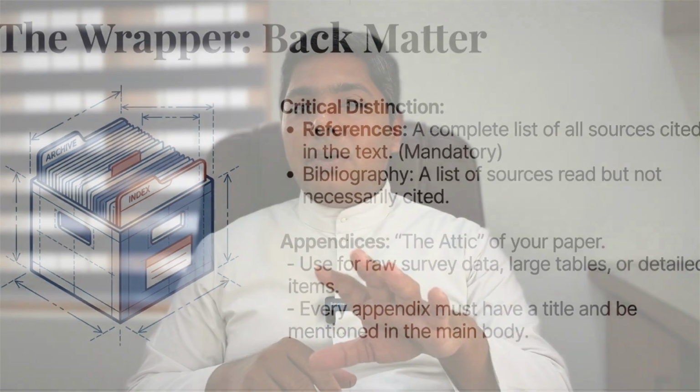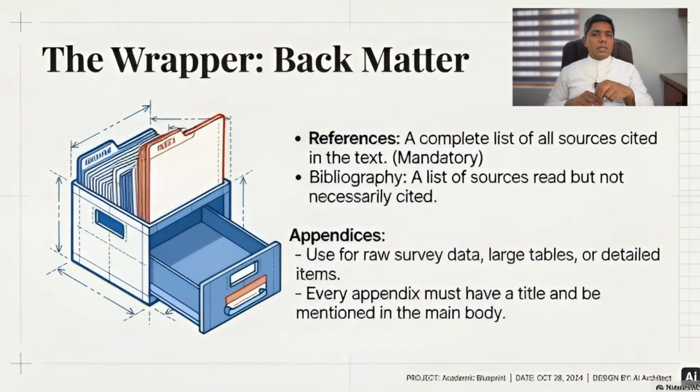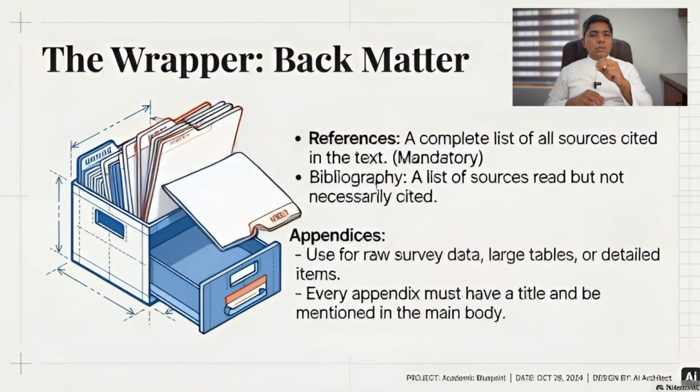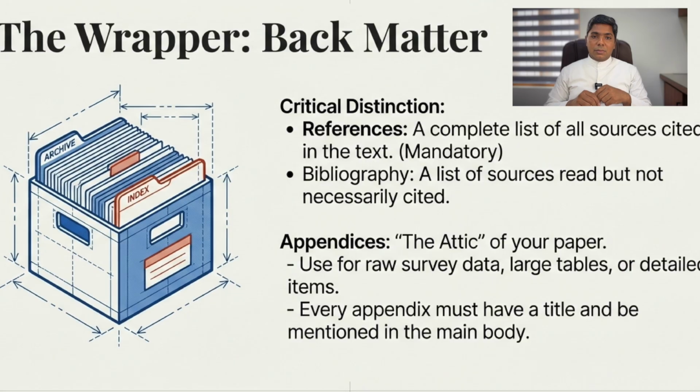That is what comes after your conclusion. Here, what comes first is a reference list or a bibliography. This is the complete list of all sources you cited in your text. Here you must be very clear about the distinction between a works cited list or reference list and a bibliography. A reference list or a works cited list includes only those sources which you have cited in your dissertation.